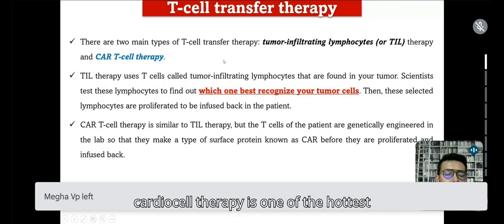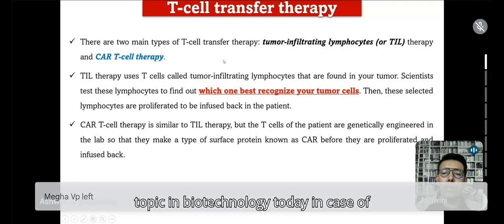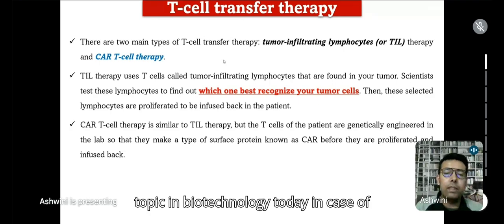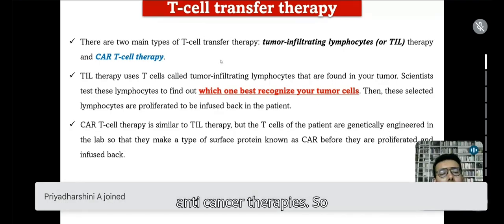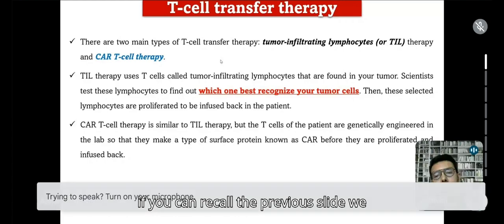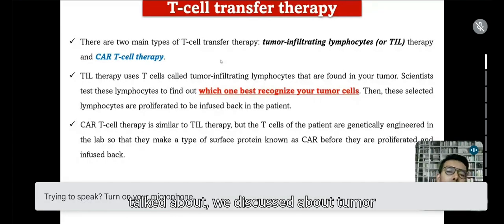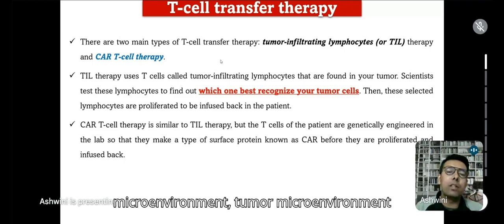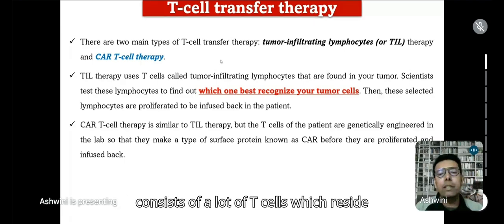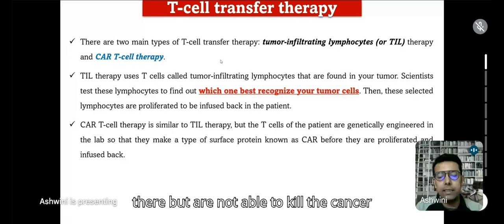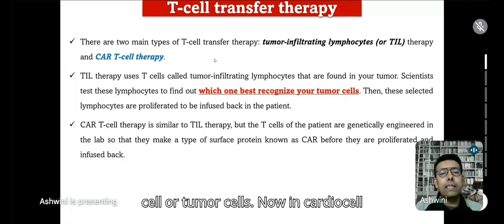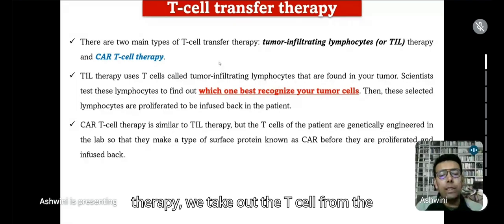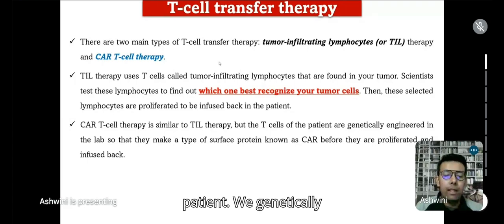CAR T cell therapy is one of the hottest topics in biotechnology today in case of anti-cancer therapies. If you recall the previous slide, we discussed the tumor microenvironment, which consists of a lot of T cells which reside there but are not able to kill the cancer cells or tumor cells. Now in CAR T cell therapy, we take out the T cell from the patient.